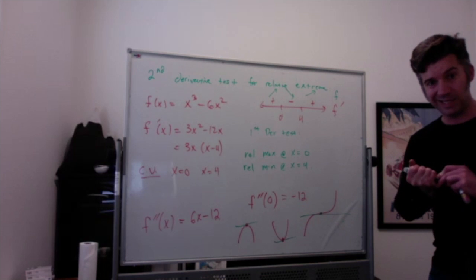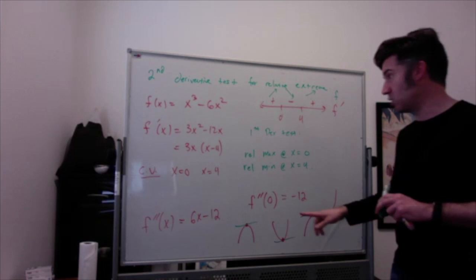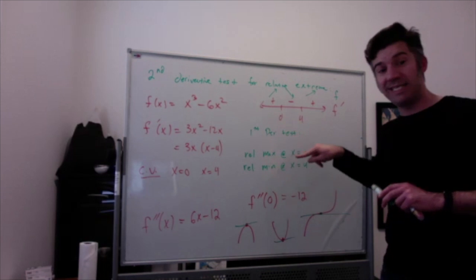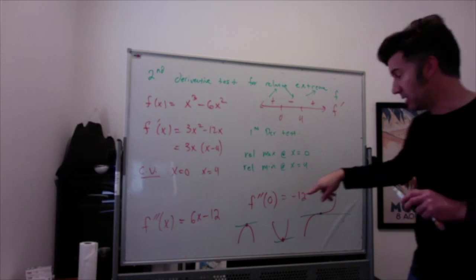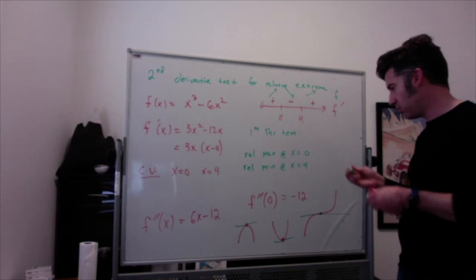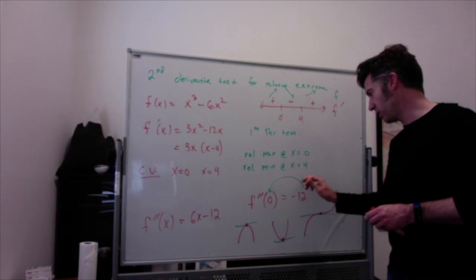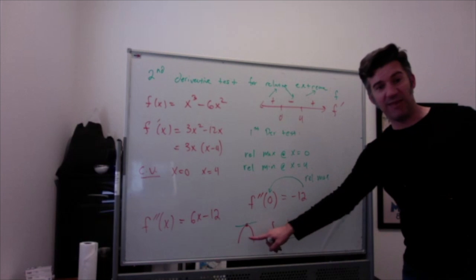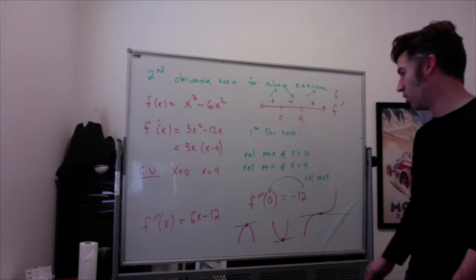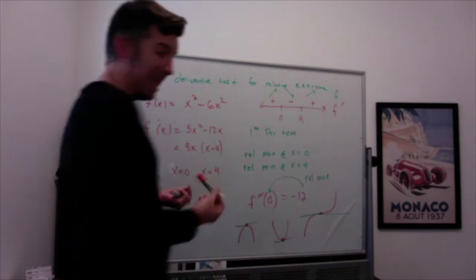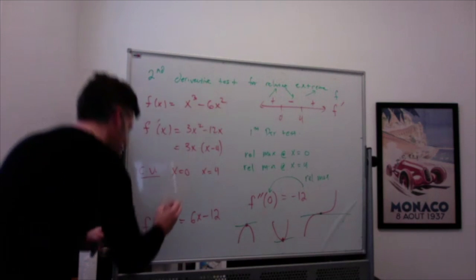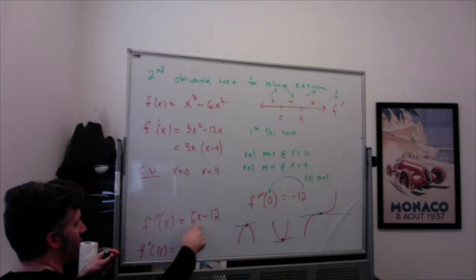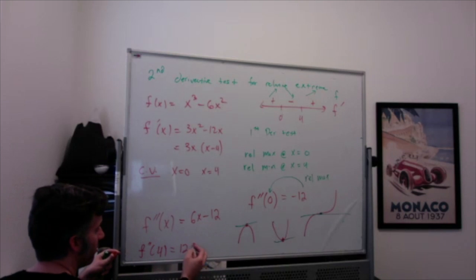So the point is that you can just take your critical values from the first derivative, plug them into the second derivative, and if it's negative, that means we have a relative maximum because it's concave down. And if I plug in 4, f double prime of 4 is 24 minus 12, which is positive 12.